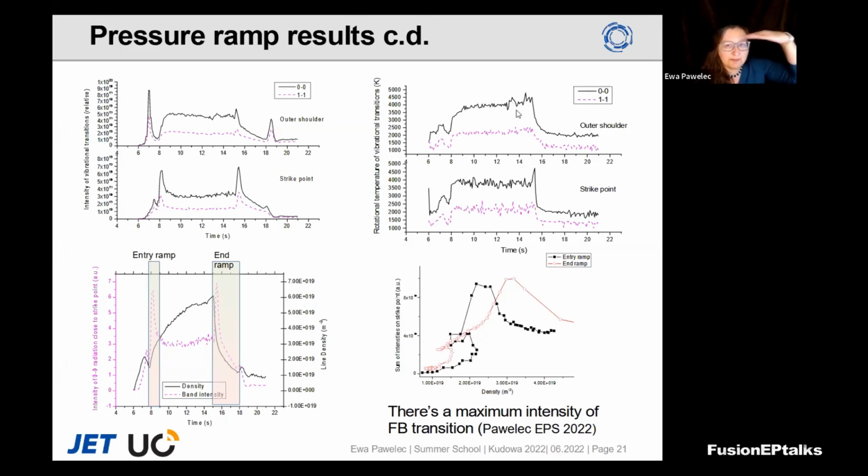At a certain point it looks that it saturates or plateaus, but the intensity, at least close to the strike point position, has a very sharp maximum. So if we go through with the density, there is a certain maximum intensity which may be strongly connected to the detachment situation. And that's something which is now under study in different machines, not only in JET.